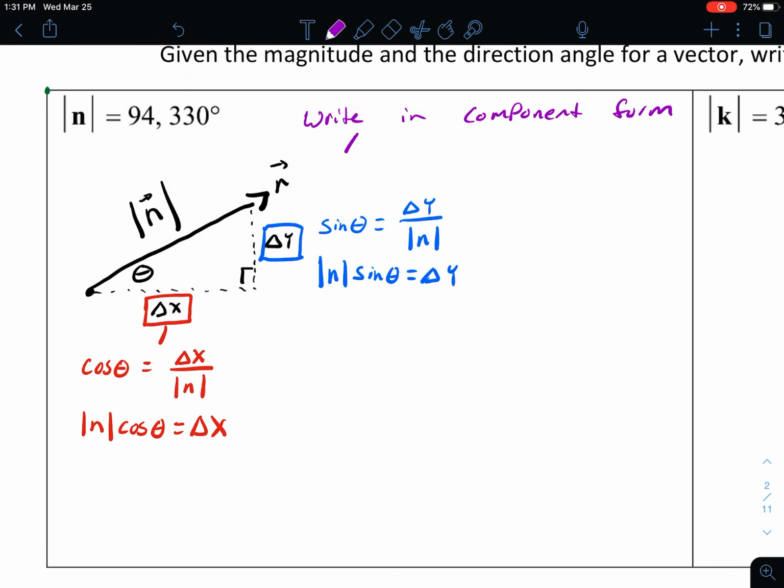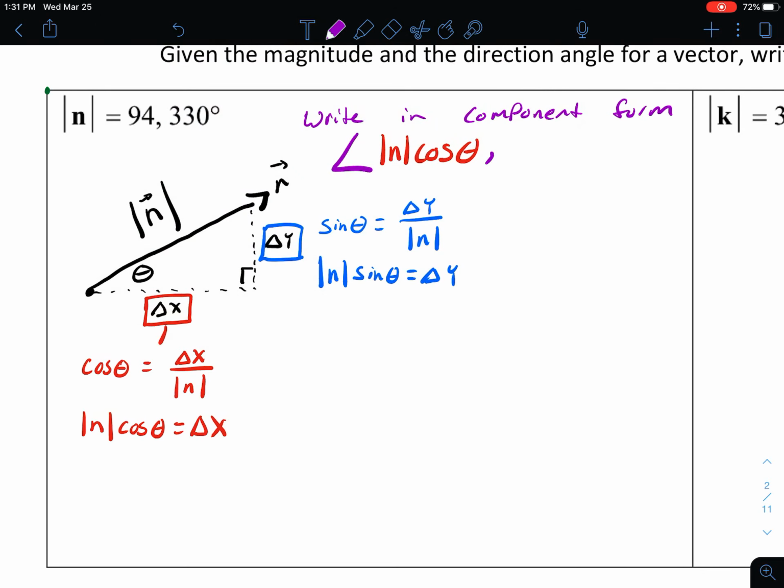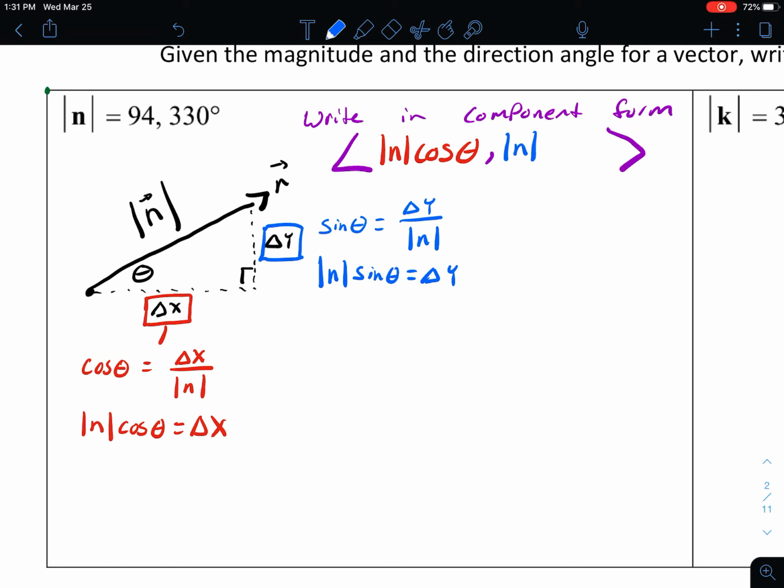And so our component form, if we don't actually know the components of the vector, can be written as magnitude times cosine of the angle by magnitude times sine of the angle.